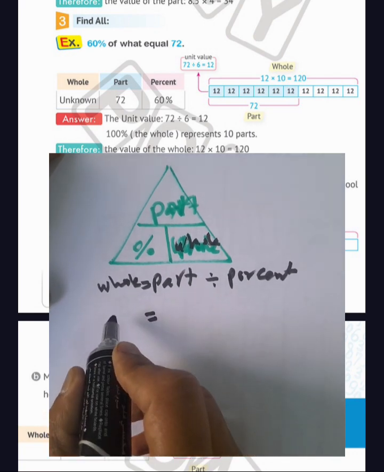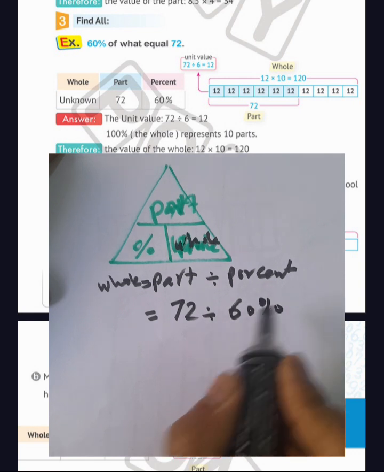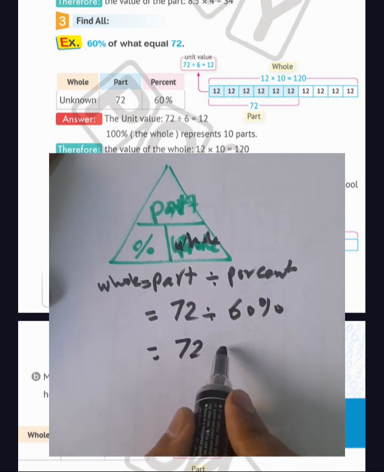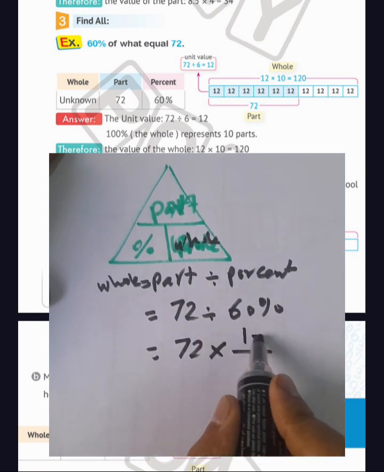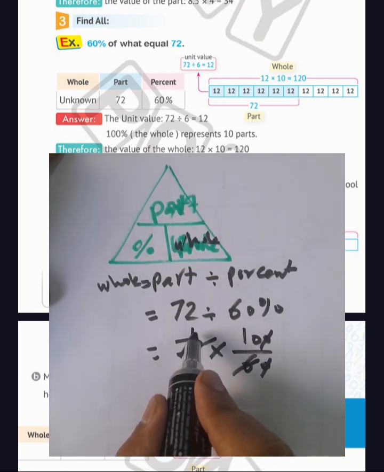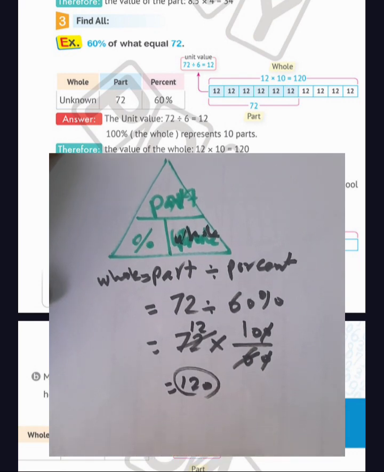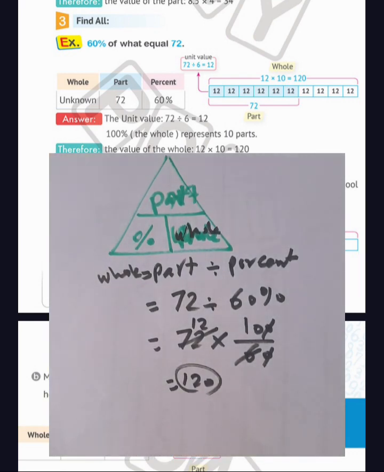Then the whole number is 72 divided by 60%. Write 72, convert to division, and write 100 over 60, cancel 0 by 0. 72 divided by 6 over 12, then the result will be 120. Then the result here will be 120 from this method.